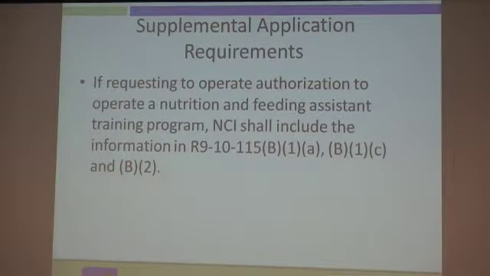All right. The process for this is basically, when you turn in that you want the nutrition feeding program, we will have a turnaround of about 30 days for you. Okay, that's if everything has been included. If you submit all the documentation required for you to be providing this, the turnaround should be 30 days.